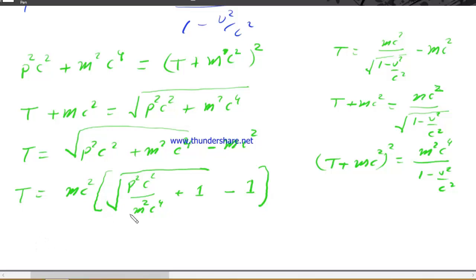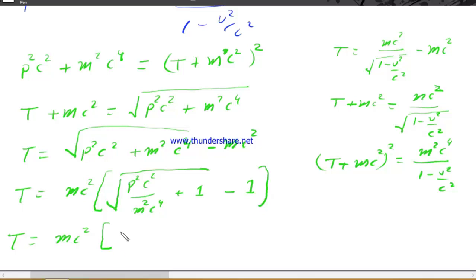Now here we use the binomial theorem. Then T is equal to mc square. Then on this term only we use the binomial theorem.